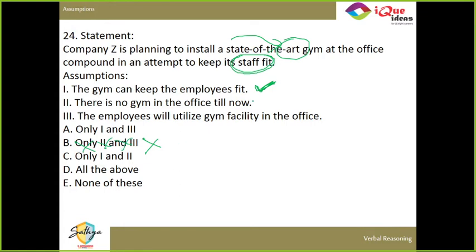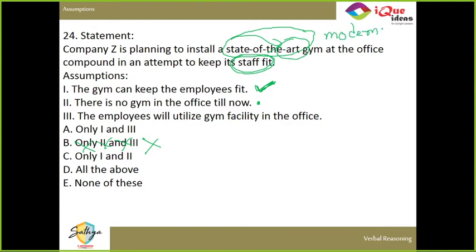Do I assume that there is no gym in the office till now? Why do I need to assume that? See, what type of gym are they installing? They are going to install a state of the art gym. State of the art gym means modern or latest facility gym.